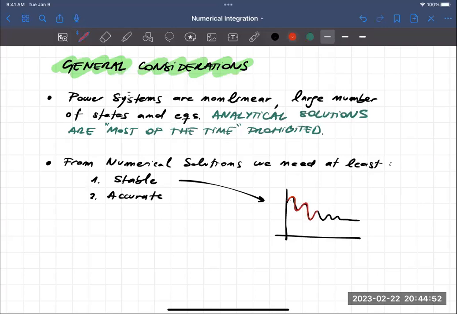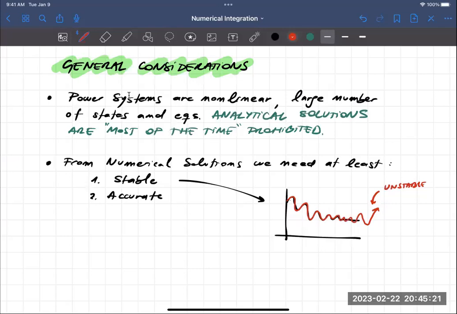So you can have something like this, and that would be unstable. That would be something unstable, and we don't want it. We want to avoid those kinds of numerical methods.